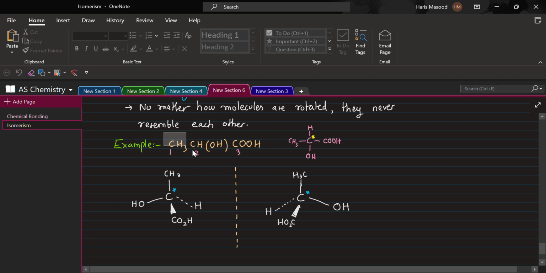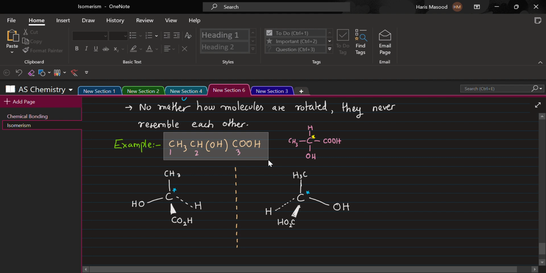Example, we have a formula of some organic compound, a structural formula. Now you have to first identify the chiral carbon. You have to see for yourself which carbon in the carbon chain could be a chiral carbon. How do we identify?